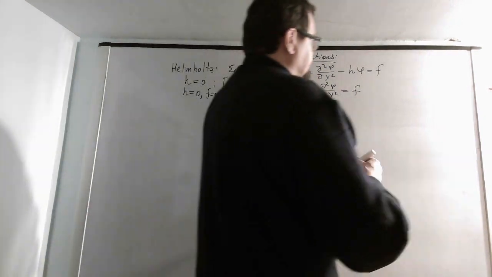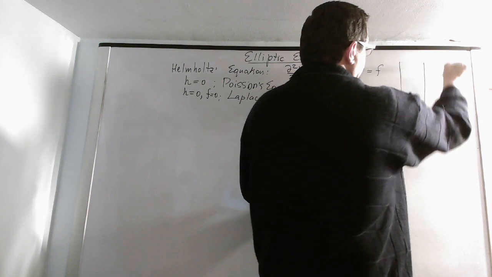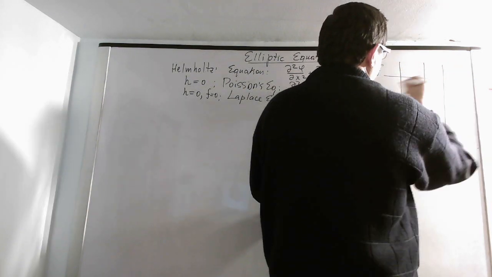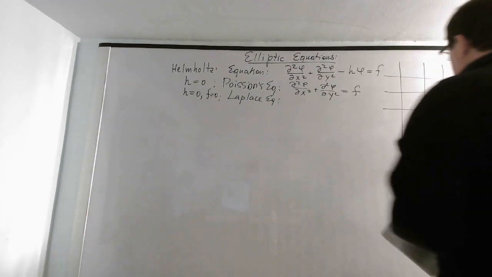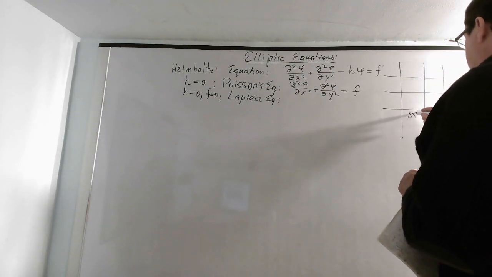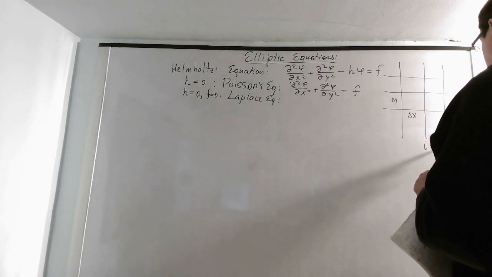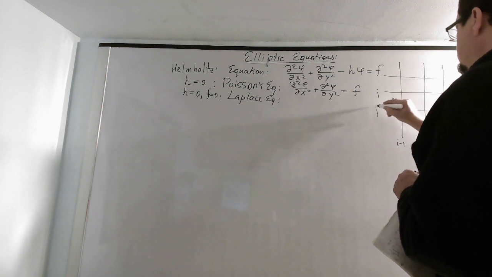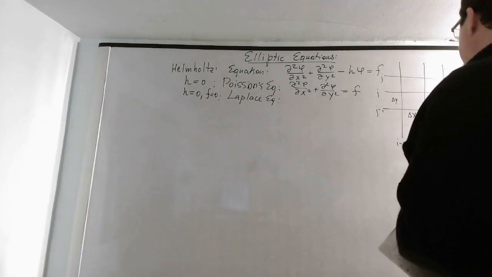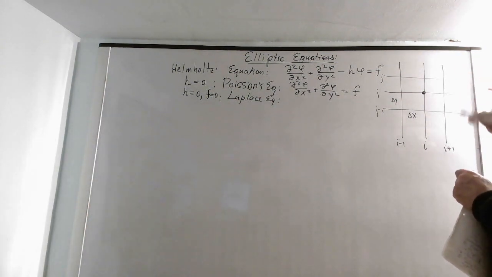So we have our nice grid, regular for simplicity here, with equal grid spacing delta x, delta y, and we use indices i plus 1, i minus 1, j minus 1, j. Well, it's not quite equal delta x, but okay.